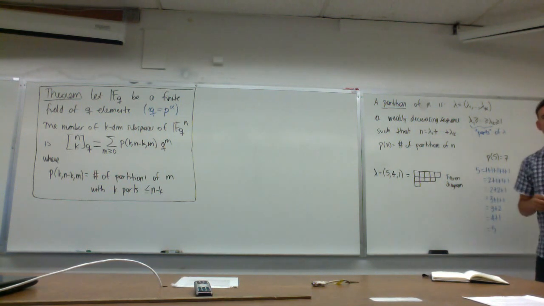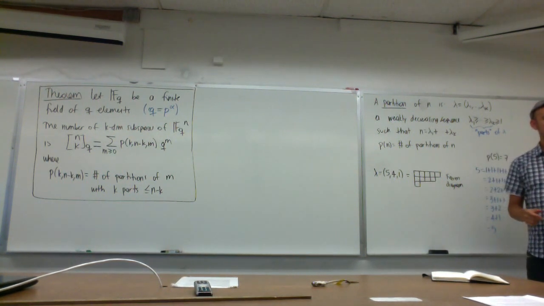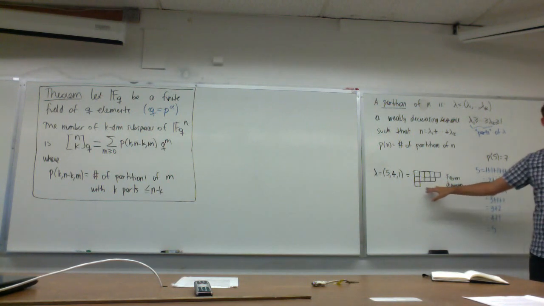Okay? And I should warn you that I did 5, then 4, then 1. But I could have done 5 and then 4 above and then 1 above. And sometimes you'll see it drawn like this, and that's called French notation. Usually if somebody learned this from the school of British combinatorialists, then you're going to draw it like this.